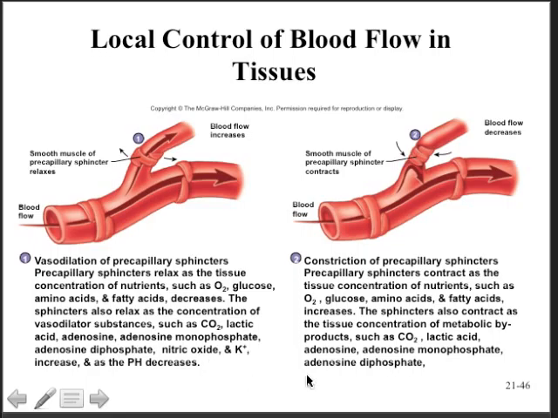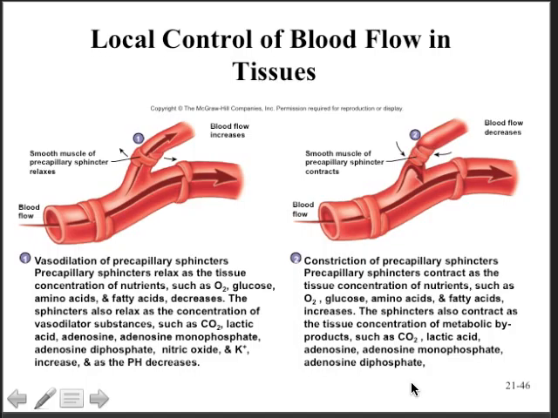On the right side of the diagram, you see constriction of precapillary sphincters in response to increased oxygen and glucose and amino and fatty acids. Makes sense, right? If you're fuel rich, you don't need more fuel. The sphincters also contract as the tissue concentration of byproducts like carbon dioxide, lactate, AMP, and ADP begin to decline.